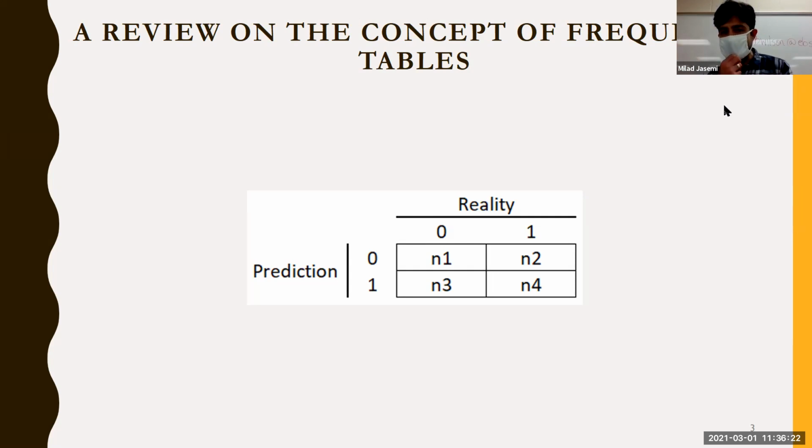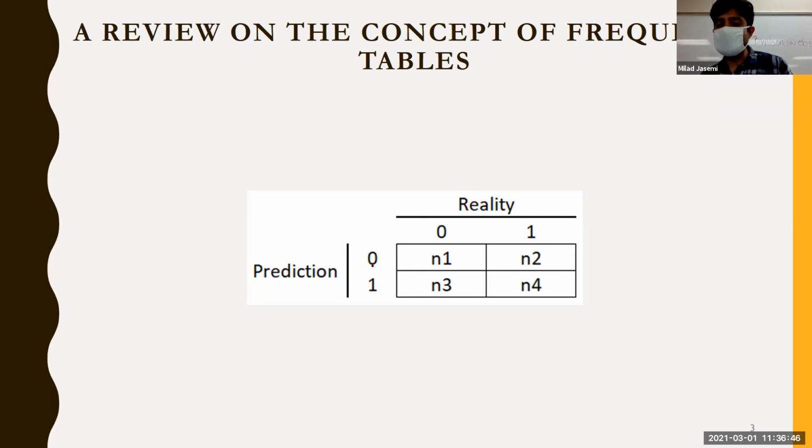Okay, here is an example of a frequency table because you are familiar with the concept. So I decided to bring up just an example. In our case, it would be a good example, a customized example. See, my friends, you have some predictions, and you have the reality, okay?